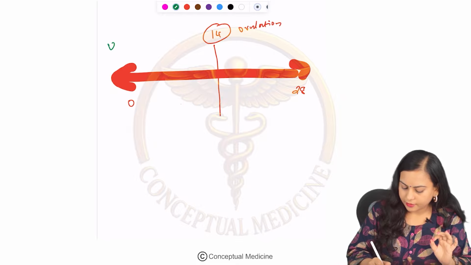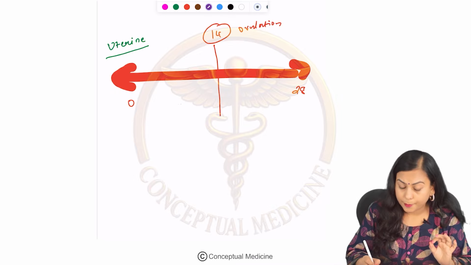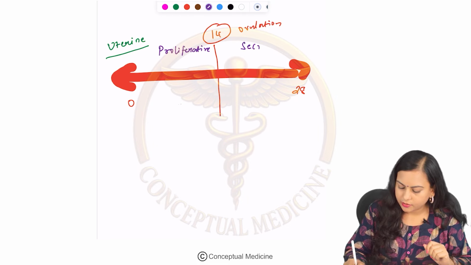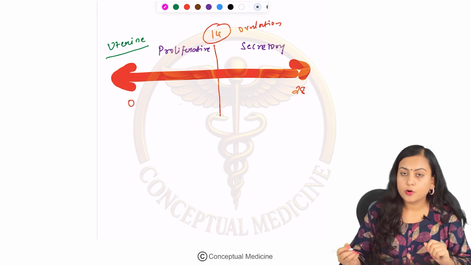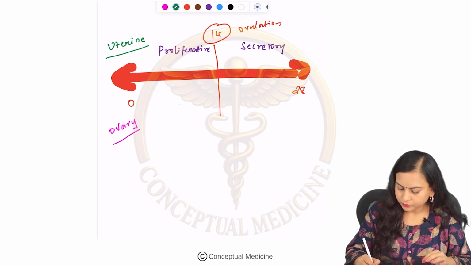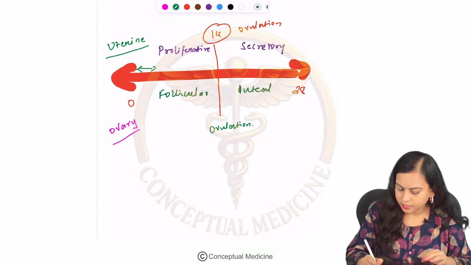Here we will have the uterine cycle, where we have a proliferative phase in the first half of the cycle and a secretory phase in the second half, as well as the ovarian cycle, with a follicular phase in the first half and a luteal phase in the second half. So here ovulation will be taking place, and in the first 3 to 4 days you will have menstruation, right?